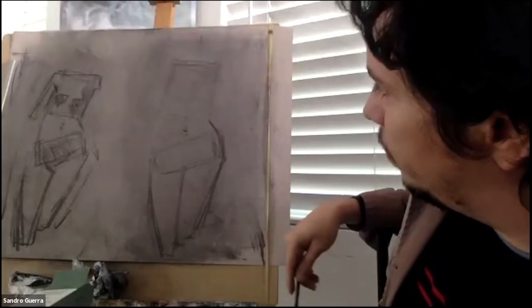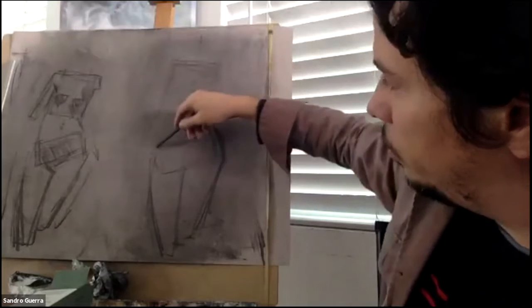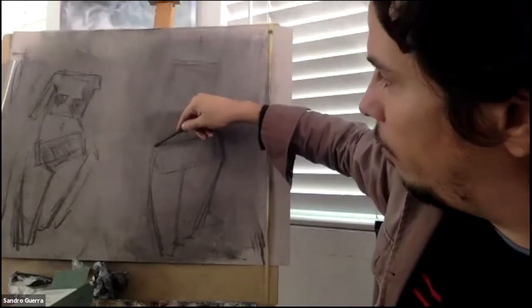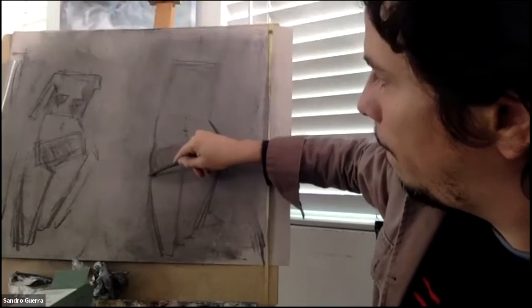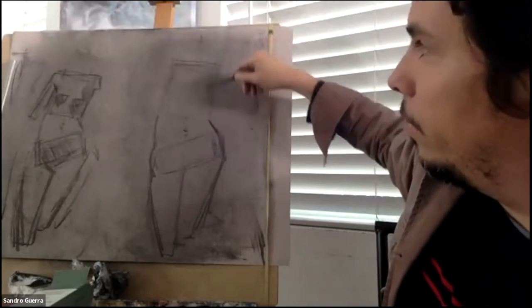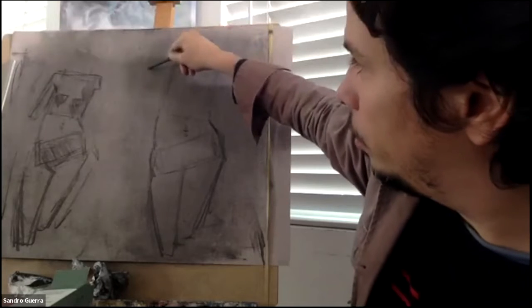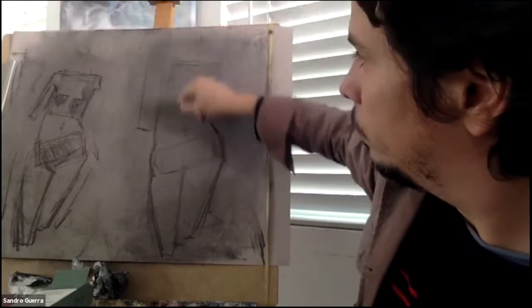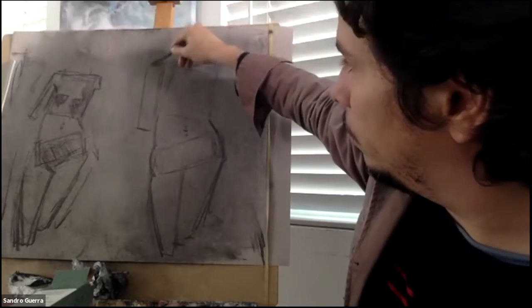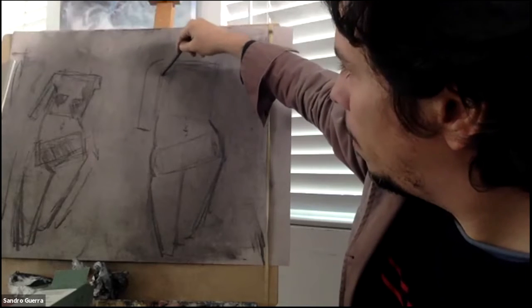And then we have this thing joining this part. And then we have like the belly here. And then we have the shoulder and the arm. It's like a rectangle a little bit. Boom.